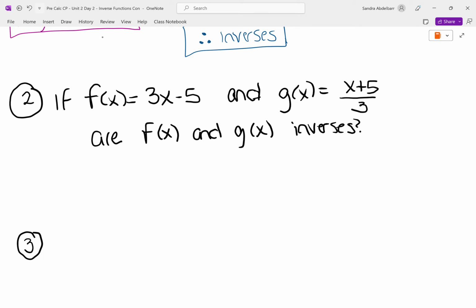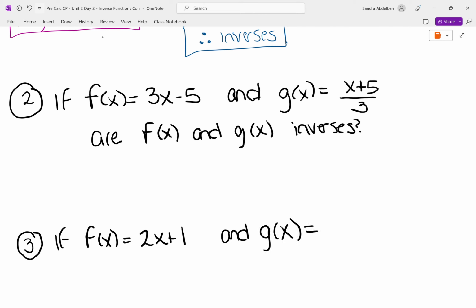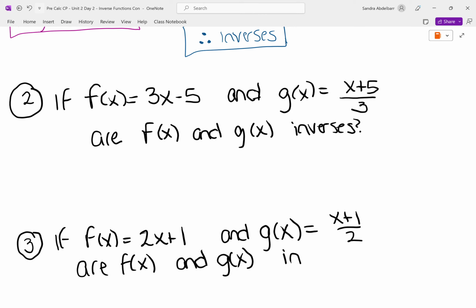Also try this one. So you're doing number 2 and 3 on your own, and then we'll go over it.